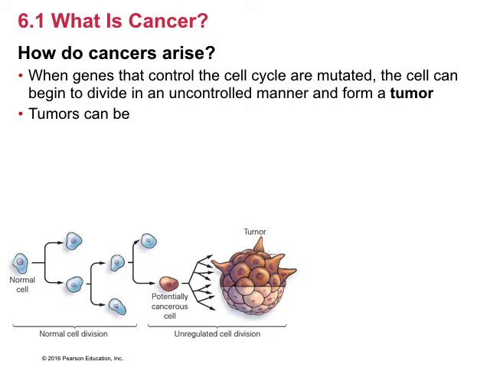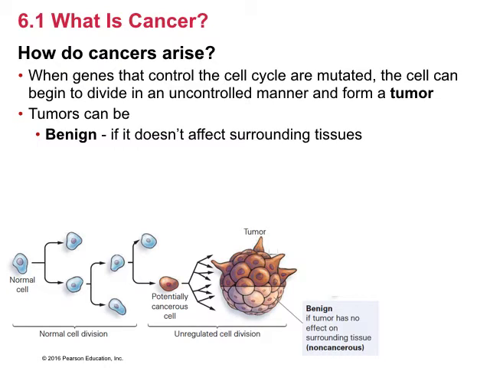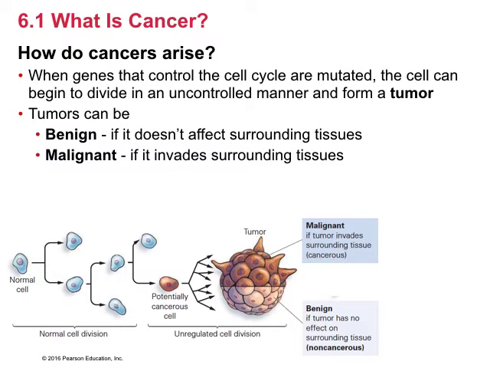So you can have a tumor that's benign, where it's not affecting surrounding tissue, and if you find a lump on your skin, you go to the doctor and it's like, oh, it's a tumor. It doesn't mean you're going to die. Could be a benign tumor that's not affecting the surrounding tissue or organs. And so these are non-cancerous tissues. But they can also be malignant if that tumor invades the surrounding tissue.